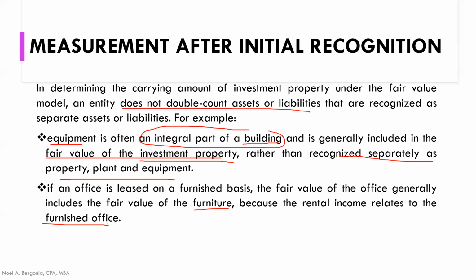Let's say for example, in offices being used na pinaparenta, as I've experienced before, meron ng mga television setups, o kaya naman po yung mga fixed furnitures there. So again, ang pinapaalala lang po dito, if they are part already of the office being leased out under operating lease, which is already classified as investment property, do not separate them to be reported as property, plant, and equipment kasi furniture siya.